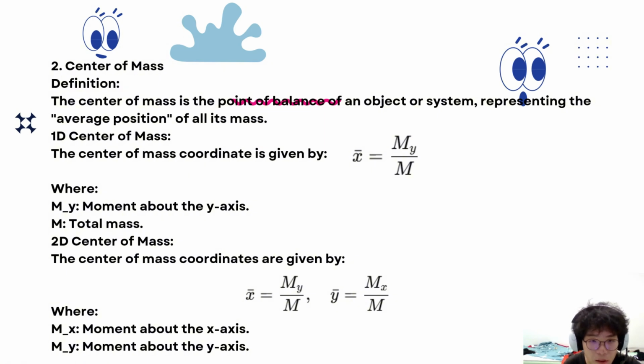For the 1D center of mass, the function is x bar equals My divided by M. And for the 2D situation, x bar equals My divided by M, and y bar equals Mx divided by M.